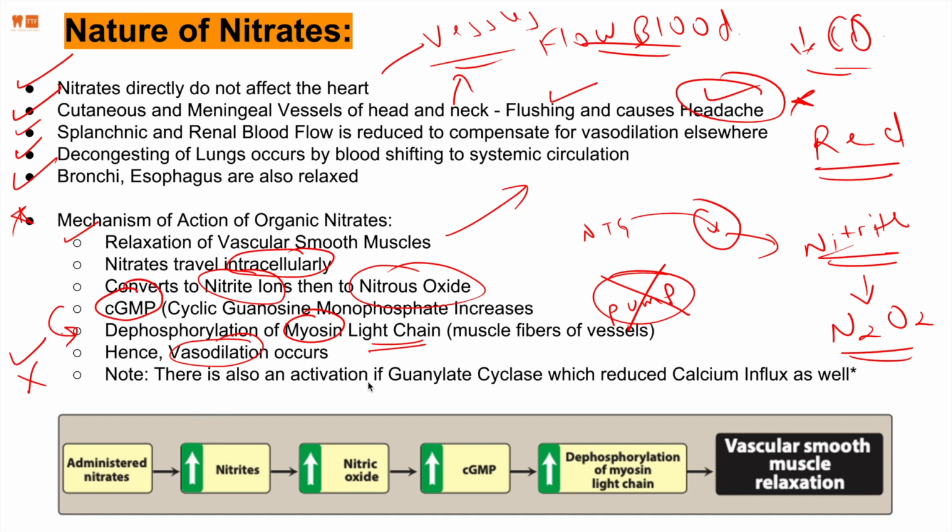Note, there's also an activation of, sorry, apologies for the spelling mistake, activation of guanylate cyclase. What is guanylate cyclase? Another enzyme. Remember, A's are enzymes. This is also done by nitrous oxide. Its function is to reduce calcium influx into the cell.